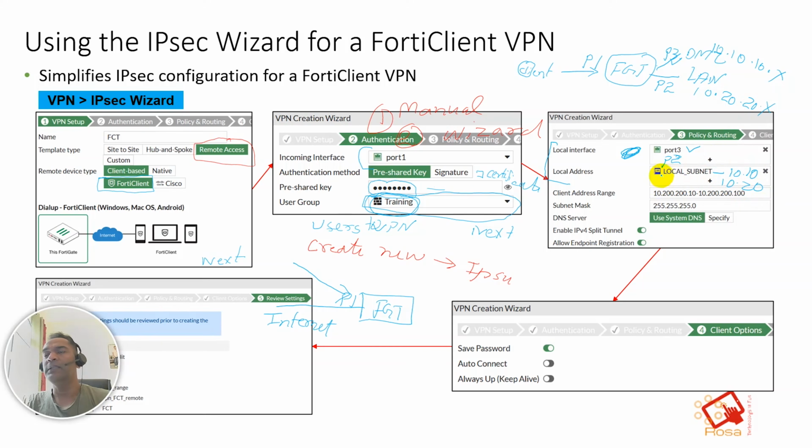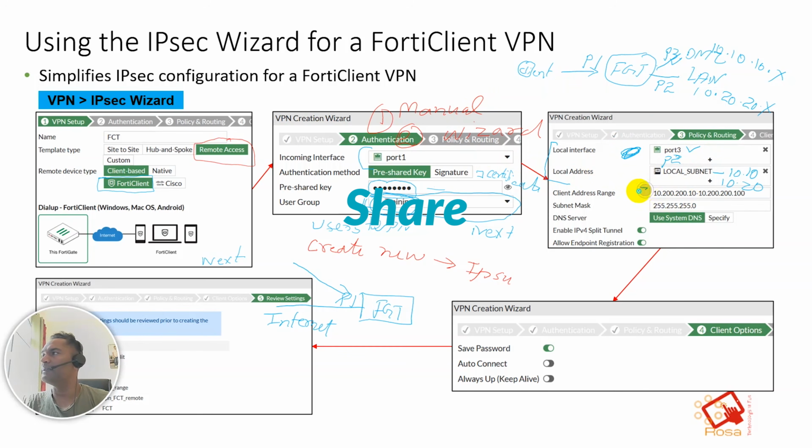Basically, this VPN wizard asks all this because it is going to create the firewall policies, rules, address objects, everything by its own. That's why it's asking everything in one step.